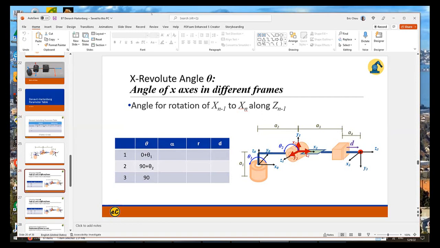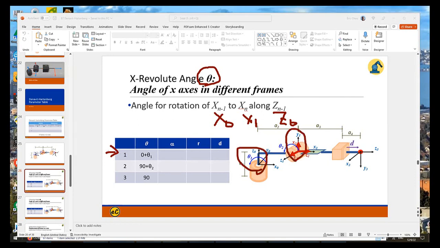Let's assume that you are trying to create the first row. First row's theta is based on the x0 and x1 to g0. So basically, you use two frames' properties to compare to generate one row. If you try to create the second row, you are using x1 and x2 and the g1 to generate the second theta.